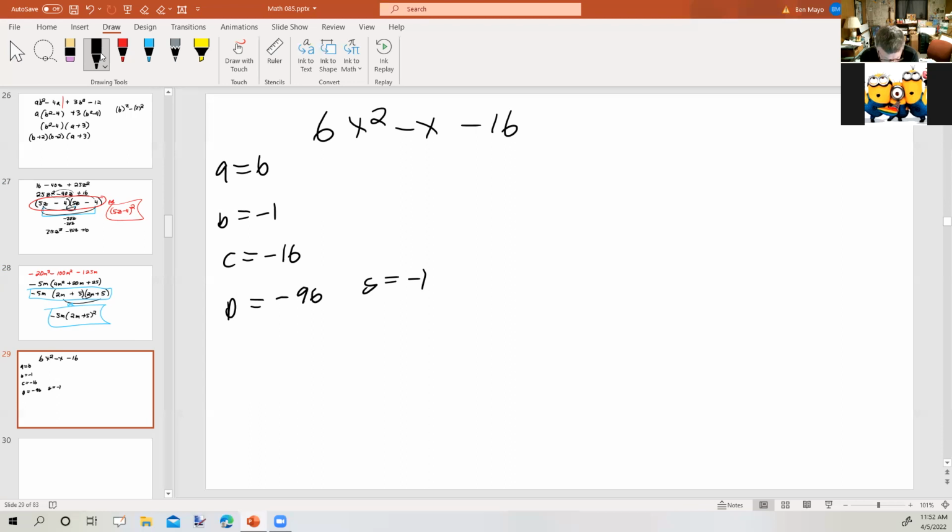So what times what would equal positive 96? Well, what I'm going to do is go to my calculator and find the square root of 96. It comes out to be 9.7. So 9.7 is close to 8 and close to 10.